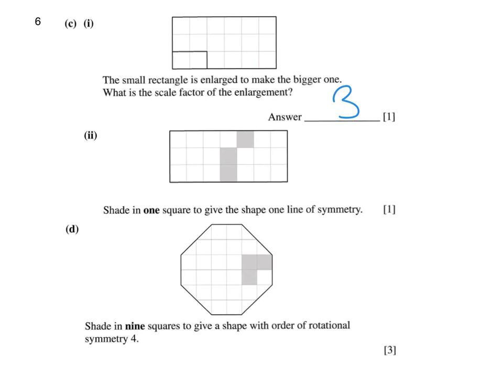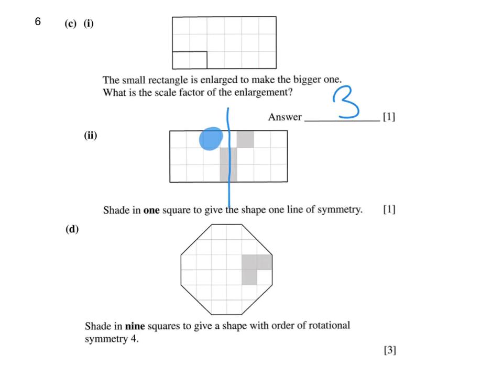In the next one, we're asked to shade in one square to give the shape one line of symmetry. So for one line of symmetry, we have a couple of options. We could shade in that square, which would give a vertical line of symmetry going down the way.